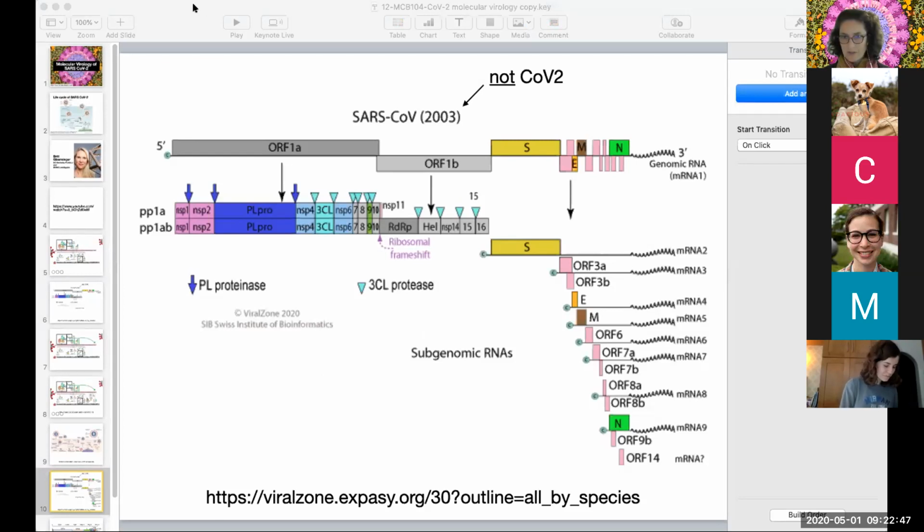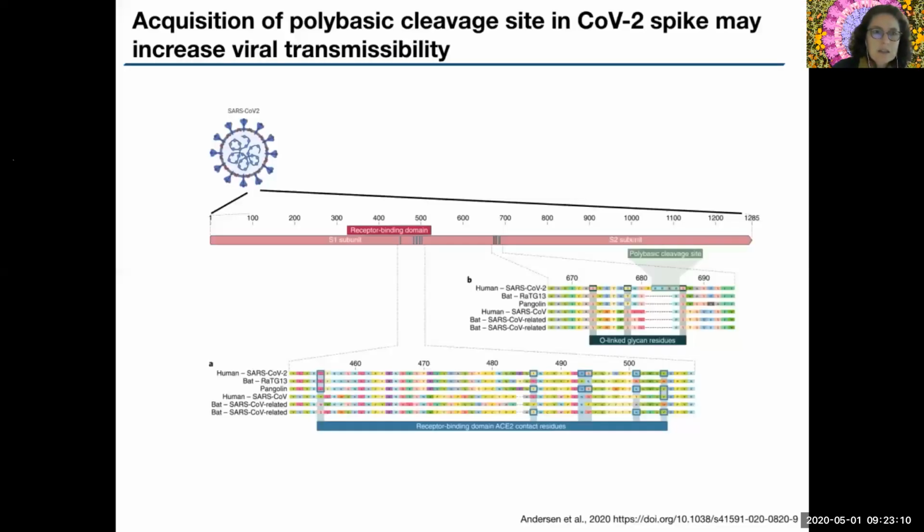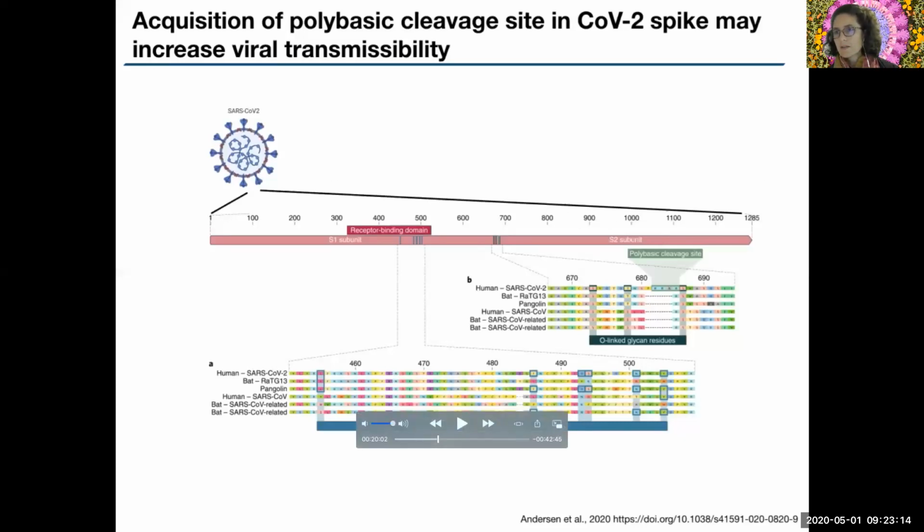So can you all see this slide that says acquisition of polybasic cleavage site? Let's see, is that sharing now? Oh, no, it says not Cov2. Okay, shoot. That should be working now. Yep. Okay, good. All right.